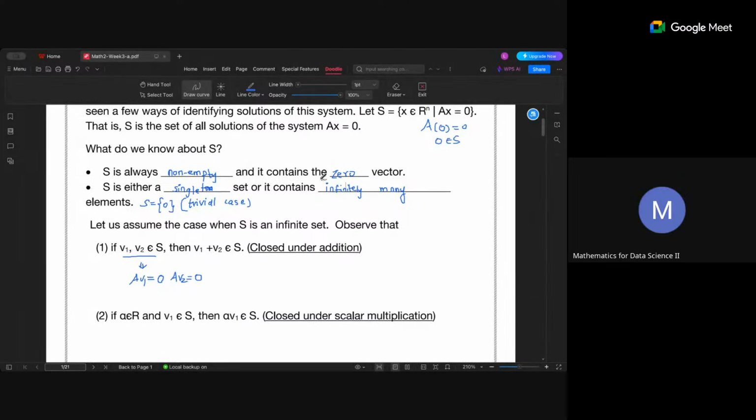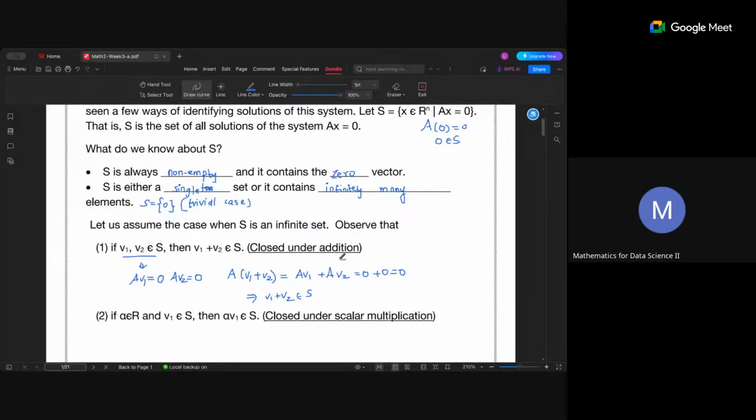Because V1 and V2 are in S. So if AV1 and AV2 are 0, what happens to A(V1 plus V2)? Now we can split it as AV1 plus AV2, and these two terms are 0. So this becomes 0. So this means that V1 plus V2 belongs to S.